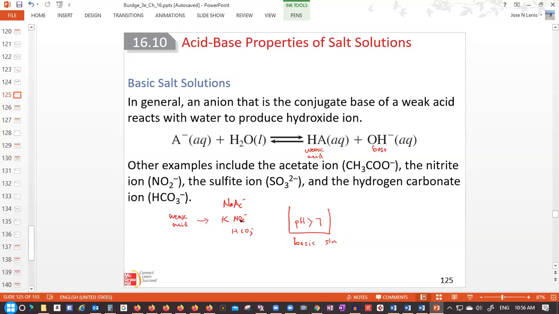So it's easy to find these salts. Here, lithium, for example. Calcium acetate, second group. Barium nitrite. So we don't worry about these ions because we know those come from strong bases, so they are too weak to react with water.